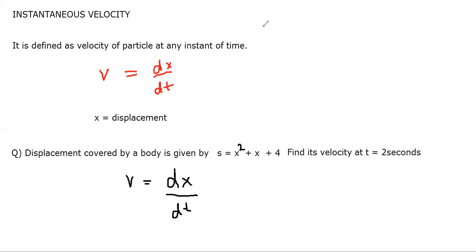So you can change the symbol according to your given question. It becomes ds by dt. Now if you differentiate s with respect to t, the question should also be in terms of t only. So this is t square plus t plus 4.